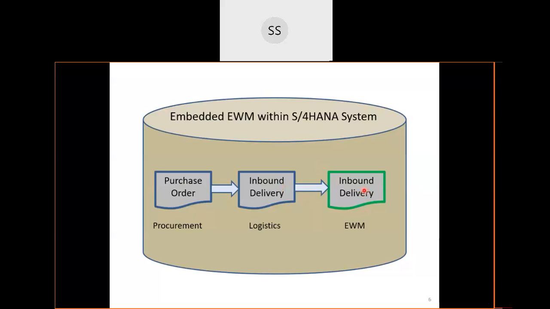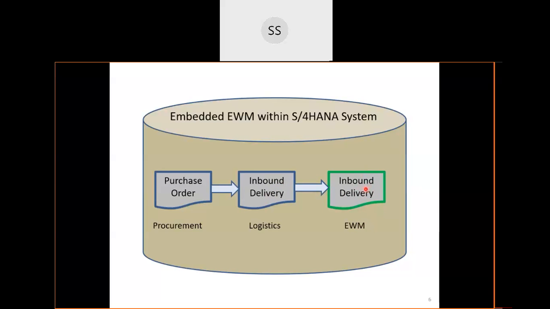Procurement is a separate module, logistics is a separate module or separate area of S4HANA, and EWM is a separate area of S4HANA. So it gets copied to EWM with the same delivery number. Whatever number is in logistics execution, the same number is in EWM.